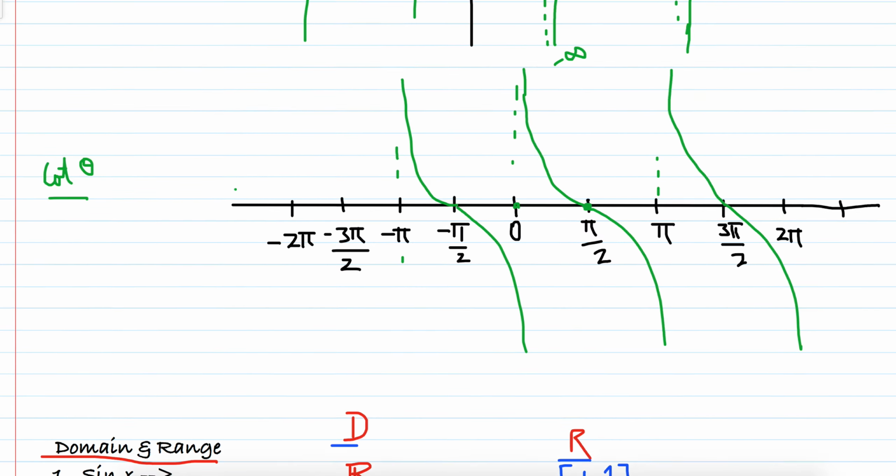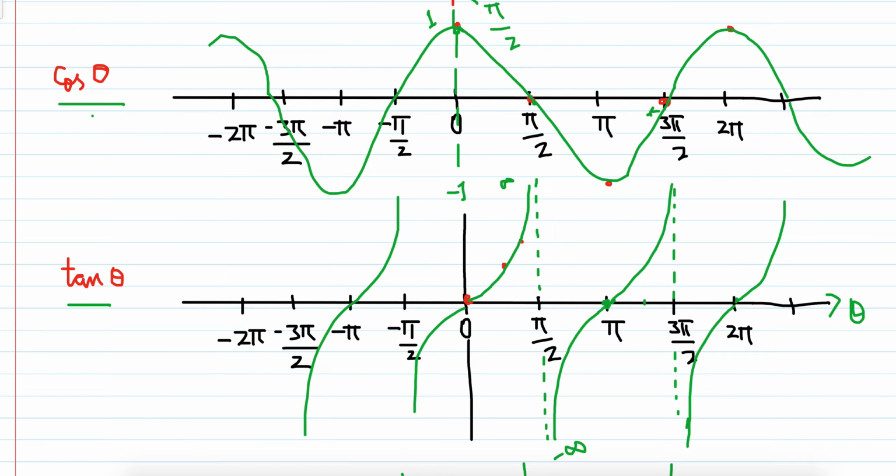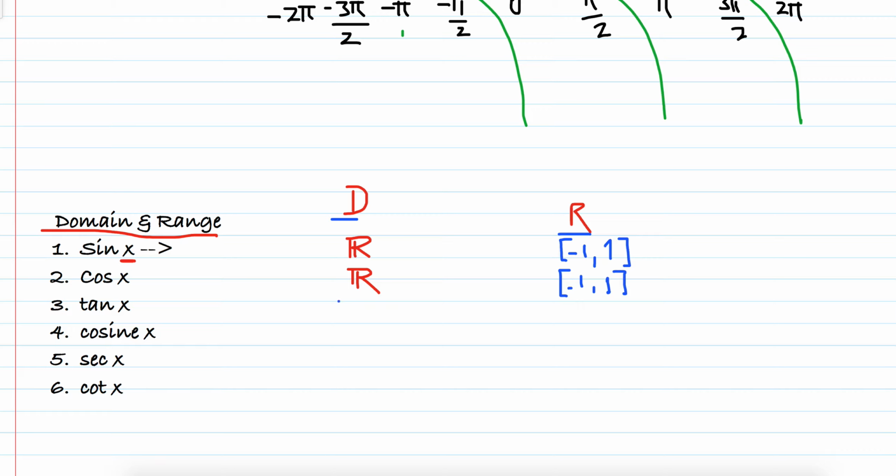For tan, we have seen that it's defined for all values of R except these pi by 2, 3 pi by 2, and so on. So here it's R minus (2n plus 1) divided by 2 pi, because cos theta was in the denominator and cos theta is 0 for all these values of theta.